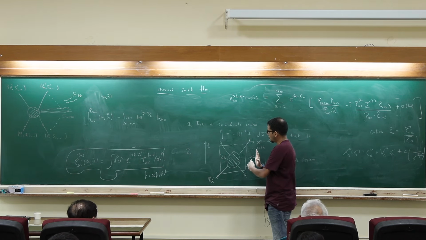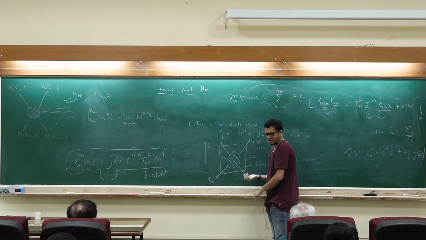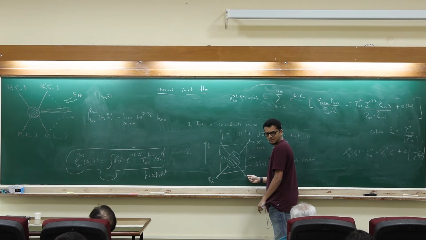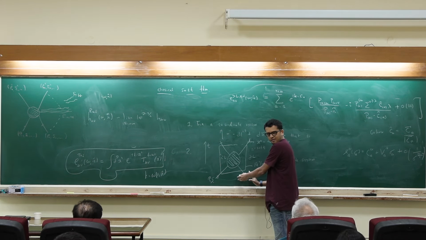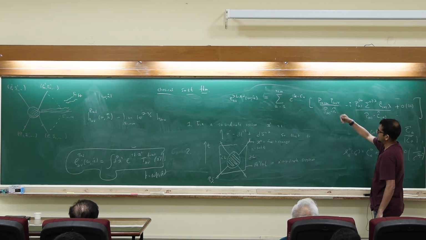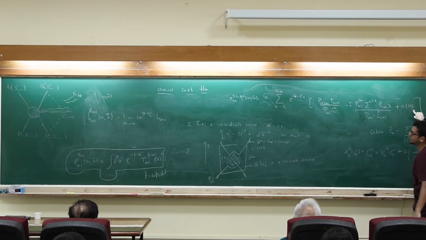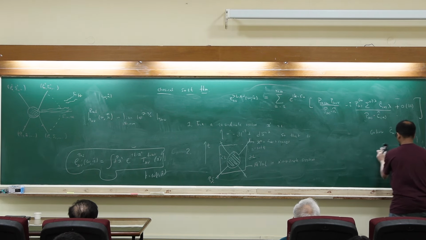And so the out region is where particles are far separated, and the only interaction is the massless interaction. For example, if the particles are not charged, then the only interaction in the out region is the gravitational interaction, nothing else. So with that, the statement is that the radiative field up to order omega to the 0 has this form. And now let me explain quickly why it comes like that.